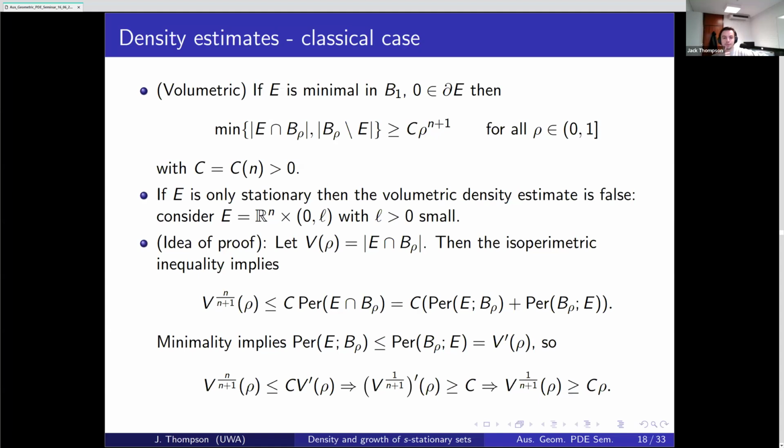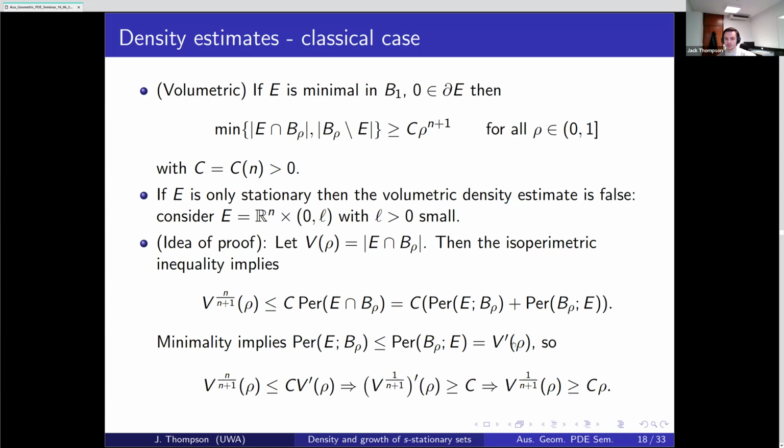So what's the idea of the proof? Well, I'll move quite quickly through this, but essentially I look at the volume of E in B rho. I use the isoperimetric inequality to relate a power of V to the perimeter of E intersect B rho, which I can split into the perimeter of E in B rho and the perimeter of B rho in E. And then I use minimality to essentially control this perimeter by this perimeter.